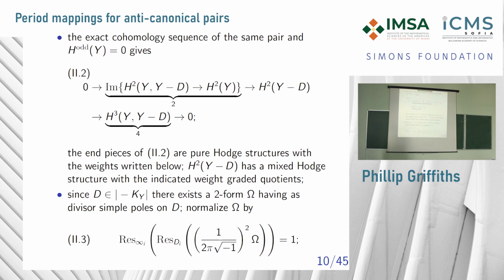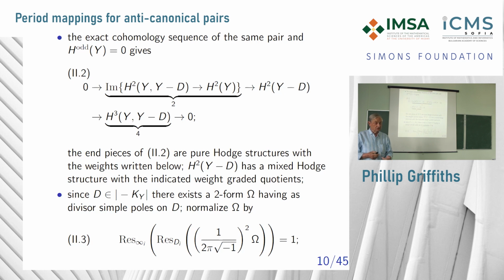Okay. These are the weights. This is a mixed Hodge structure, and it has weights 2 and 4. This weight 4 piece geometrically is the following. If you take the curve, the circle that goes around, the circuit that goes around that anti-canonical cycle, that's in H lower 1, the first homology of that singular variety.